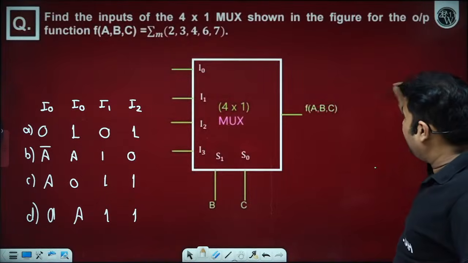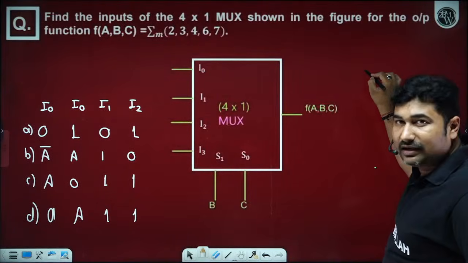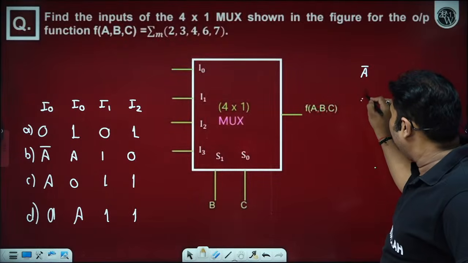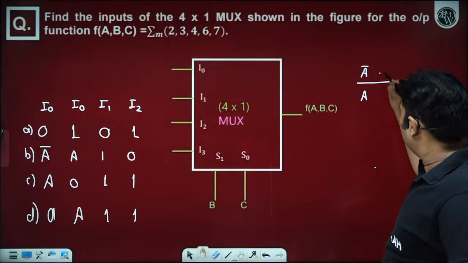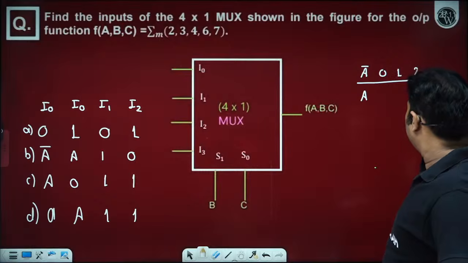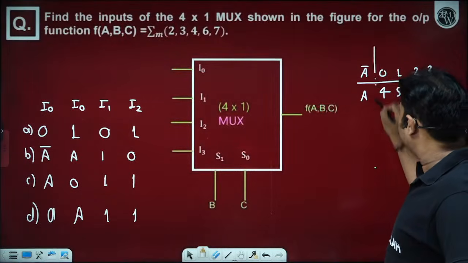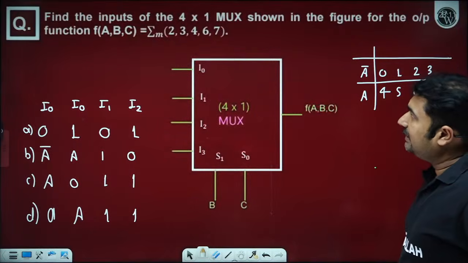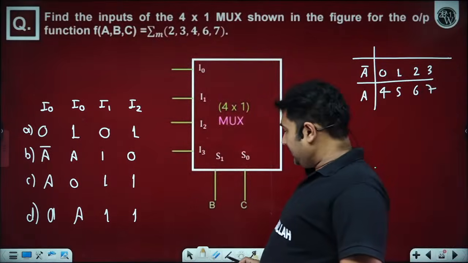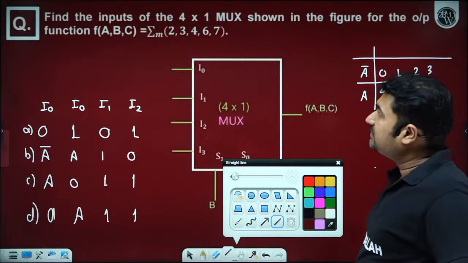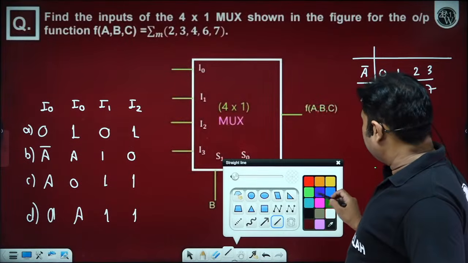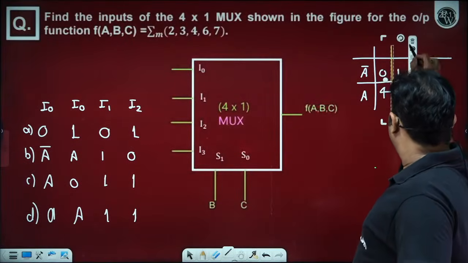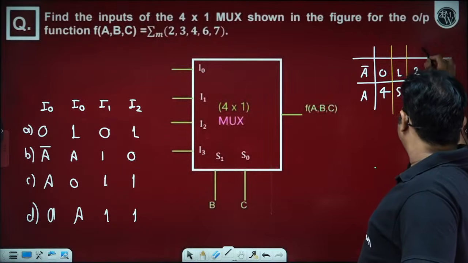Sir, basically we know 0, 1, 2, 3, 4, 5, 6, 7, because A is the MSB and C is the LSB. Because in A, B, C they haven't mentioned MSB and LSB, we will consider A as the MSB and C as the LSB. In case they give it, we will consider accordingly.